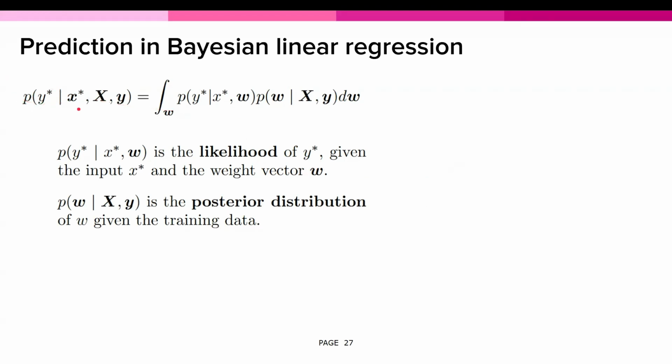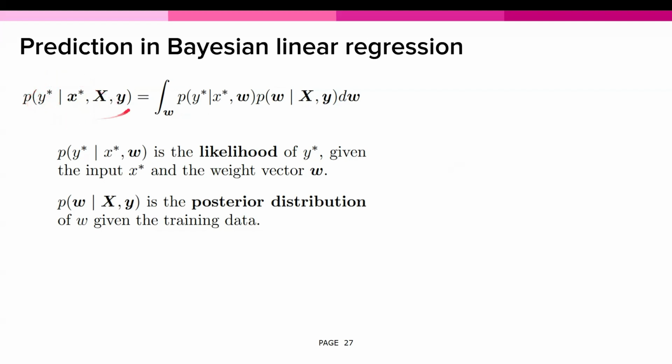Okay, so let's let X star be a d-dimensional input vector about which we'd like to compute the probability of an output that we will denote Y star. So X star is our kind of test input, and then we're interested in the probability of a particular output Y star.